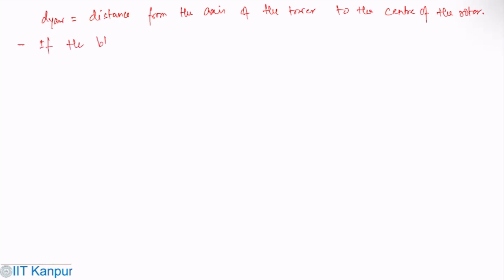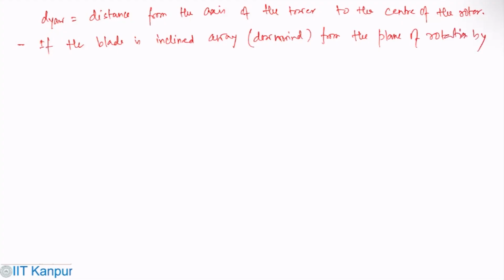If the blade is inclined away, which is downwind from the plane of rotation, by the flapping angle beta, there will be an increase in the effect.